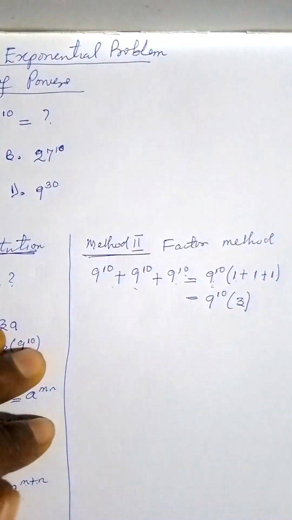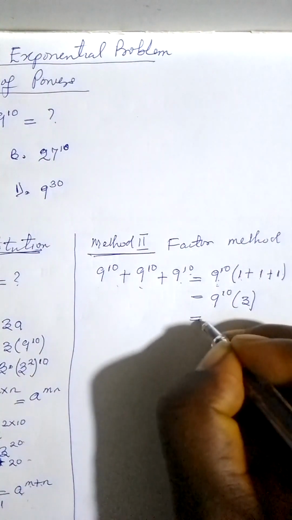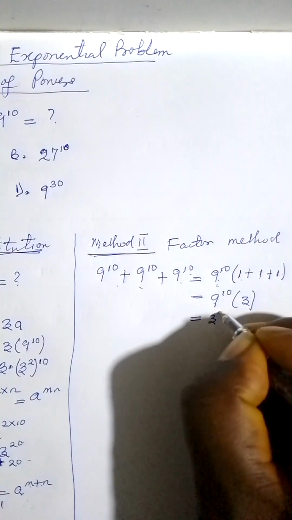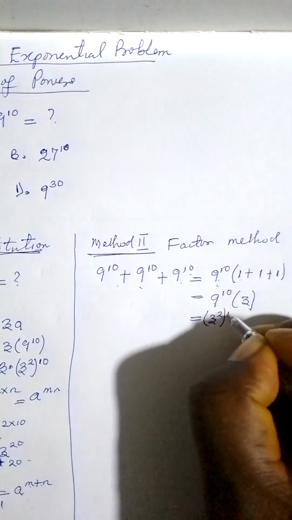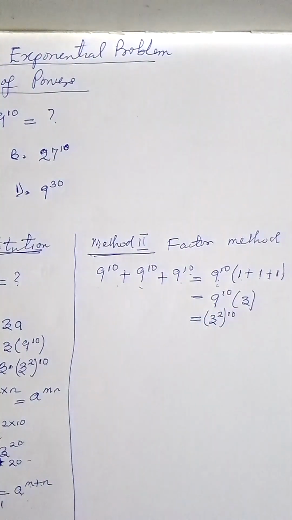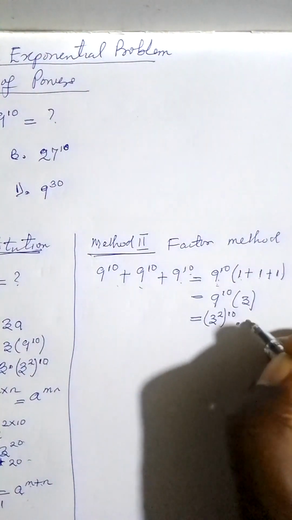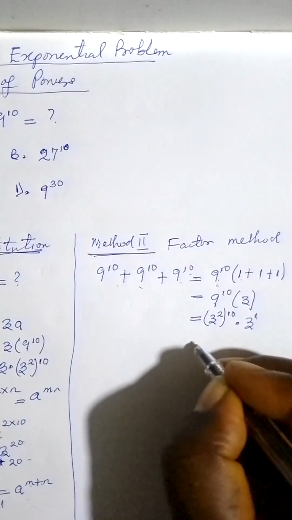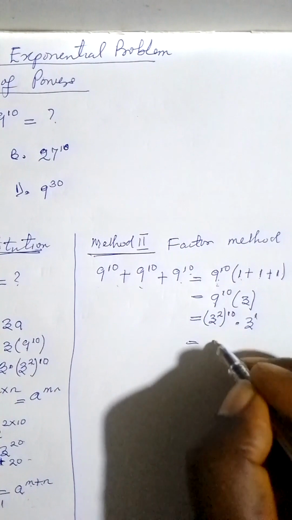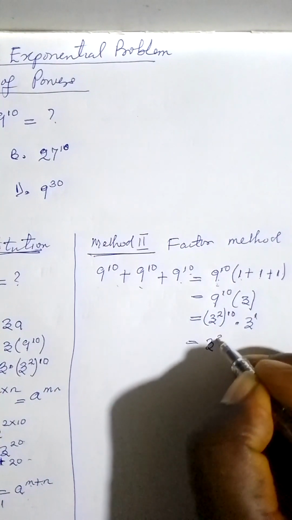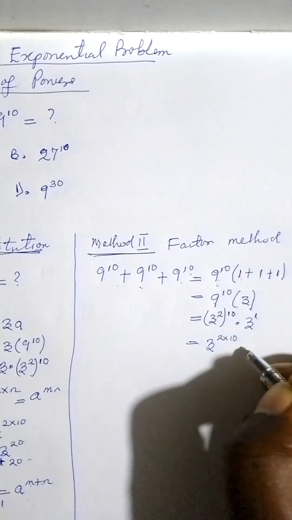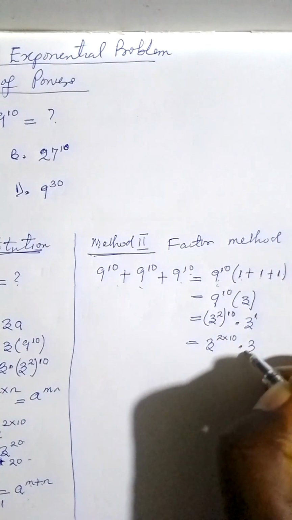So as usual, this 9 is written as 3 to the power of 2, all to the power of 10 multiplied by 3 to the power of 1. Of course, the 2 and the 10 will multiply. So we have 2 times 10, and then of course multiply by 3 raised to the power 1.